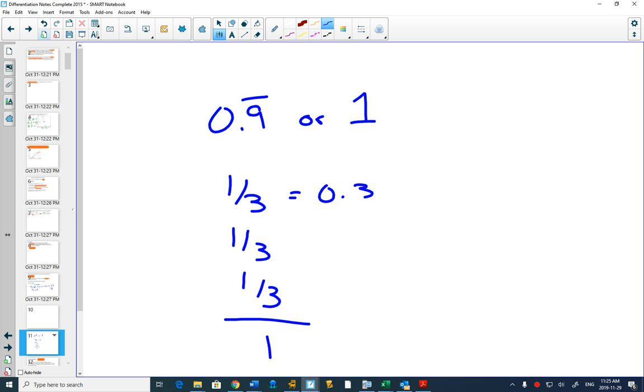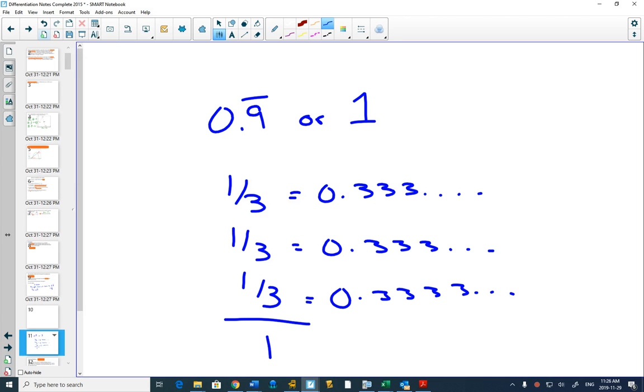If you change these to decimals, the nice thing is, would you ever have to carry a 1? No. So if you added the decimals, that might convince you a little bit more that 1 is equal to 0.9 repeated.